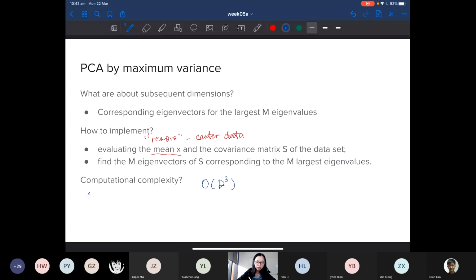Right, so computing S is order of, can someone offer an answer? So the data X is an n by D matrix, right?